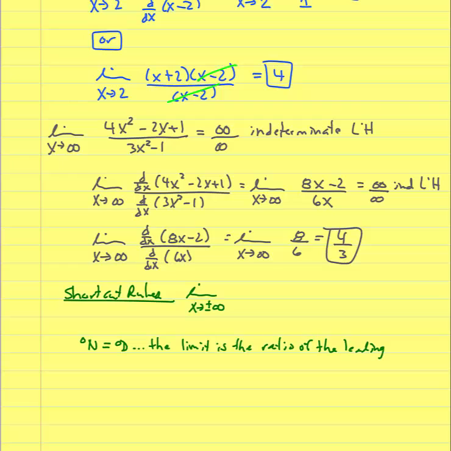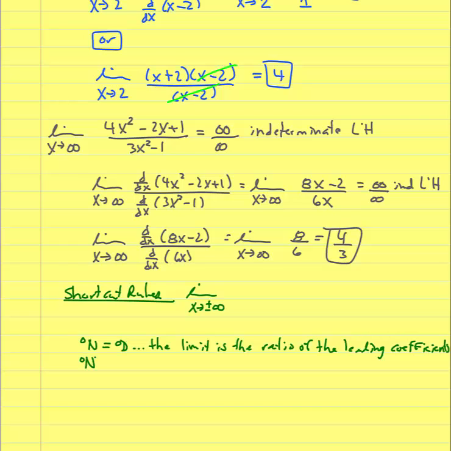Now that's a lot easier if I can remember this shortcut rule than using L'Hopital's or any other rule. So if I come back, you can see the degree in the numerator is 2 for both top and bottom. So the limit is the ratio of the leading coefficients. The leading coefficients are 4 and 3, so my limit is 4/3. So to me, if I knew the shortcut rule, that would be a lot faster, but you can also apply L'Hopital's.